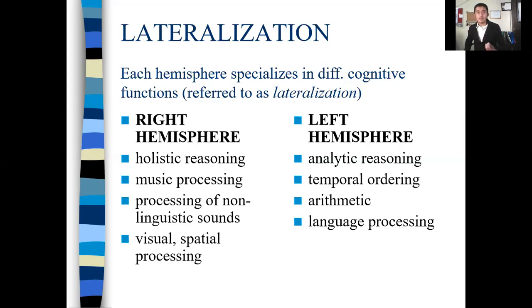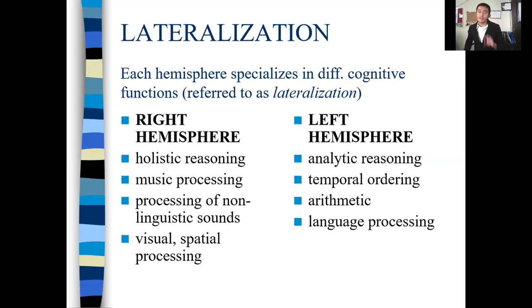The right hemisphere processes holistic reasoning. So when we are reasoning holistically, the right hemisphere is working. Music processing: when you're a musician, a singer, you love music, your right hemisphere is concerned with that. Also processing of non-linguistic sounds, and visual and spatial processing.